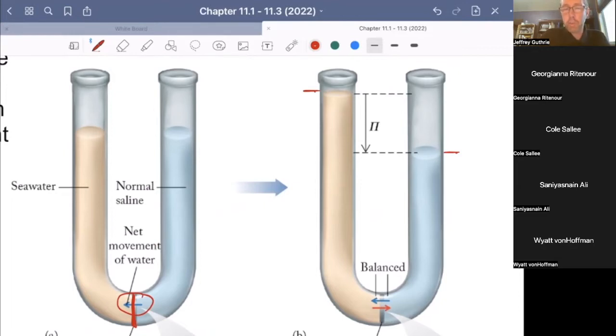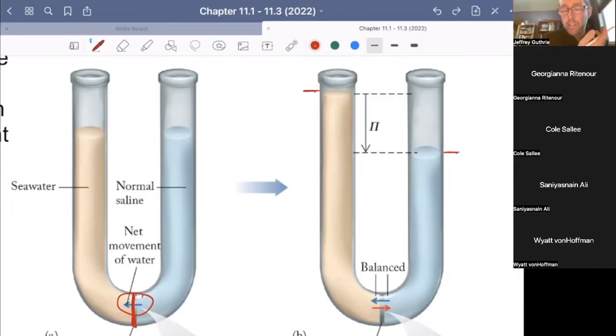That difference will be greater if the difference in concentration of solute is greater on each side of the semi-permeable membrane. So a small difference in concentration of solute will result in a small osmotic pressure. If it was a greater concentration difference, then maybe this U apparatus overflows.